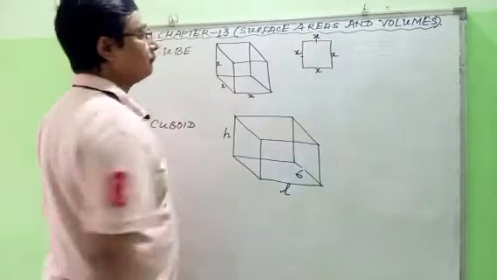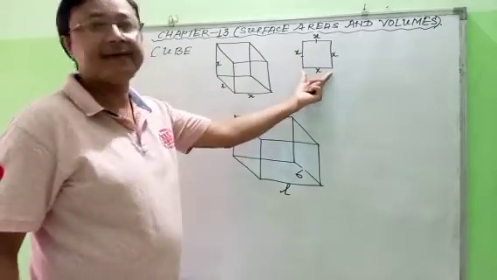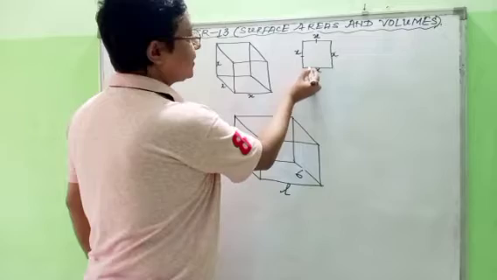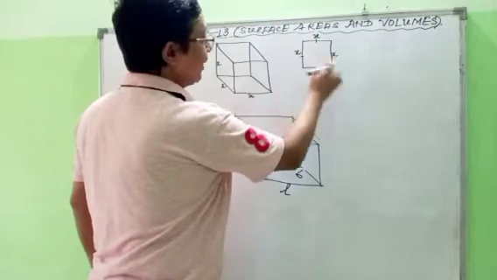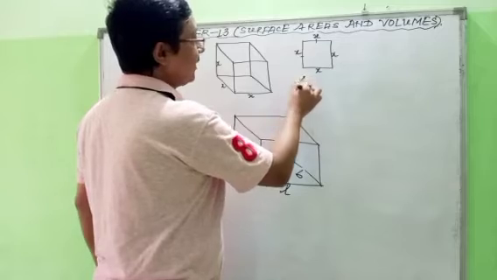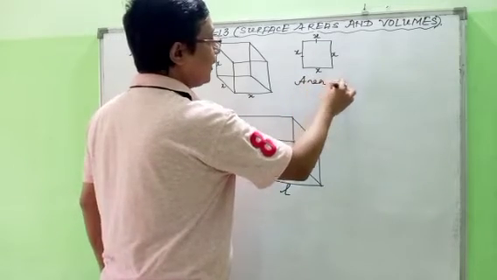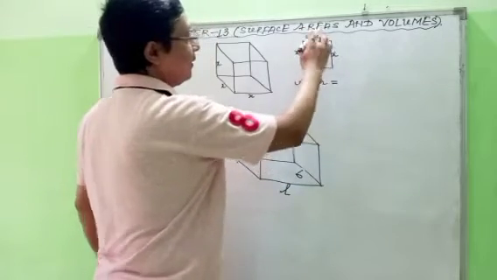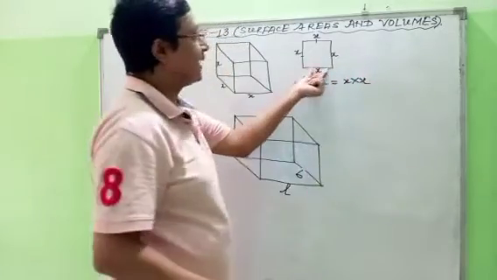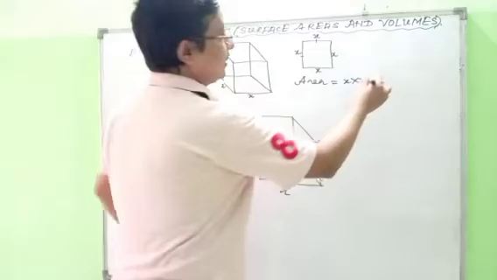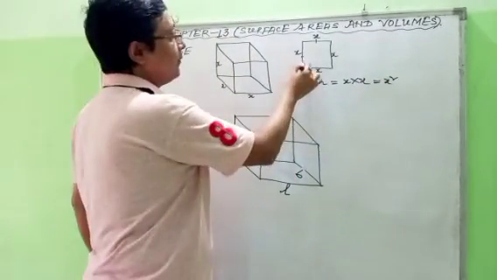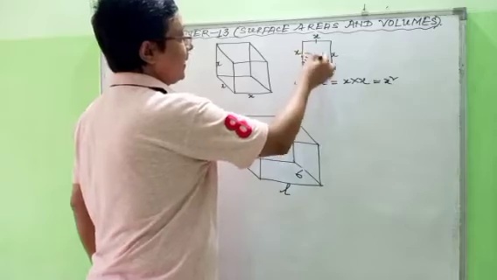Now to get its area, that is the region enclosed by its boundary, every side is x. To get the area of this square, you will get x into x, that is side into side. So that will be x square.